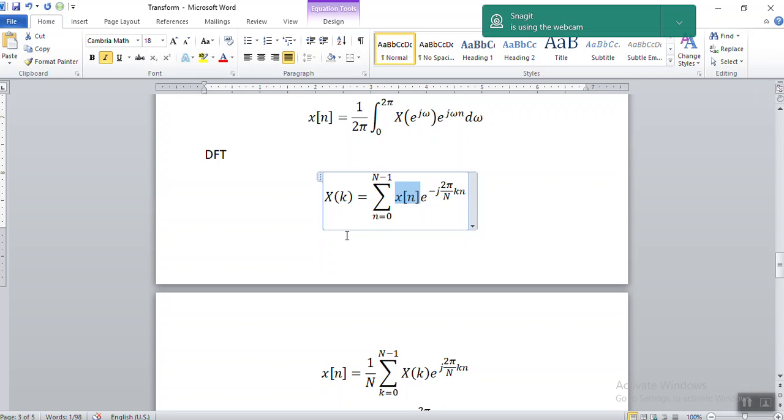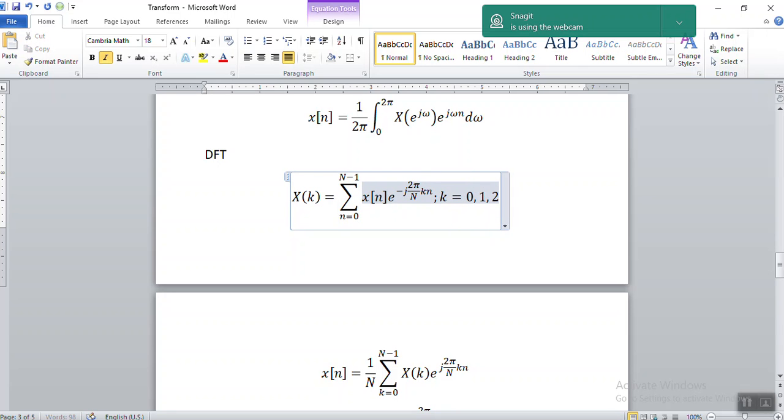And this is the range of n. This is for each k, and k has the same range, 0, 1, 2 up till N minus 1.